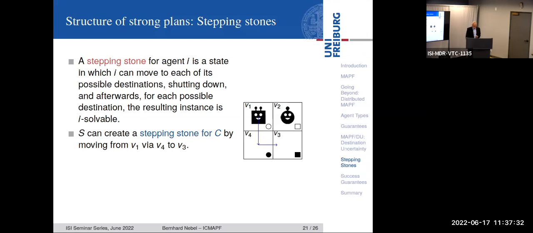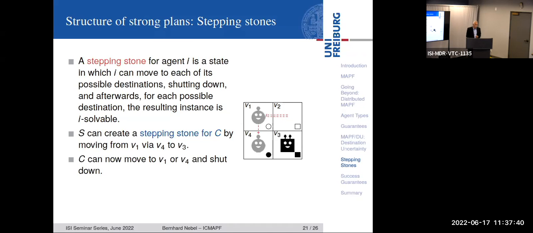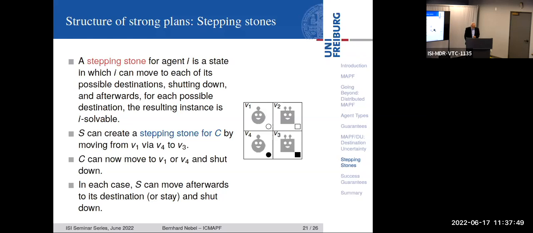After that, the entire situation can be solved, right? So now C can move to V1 or V4. So now we have Schrödinger agents. And after that, the circular agent can move to its destination.